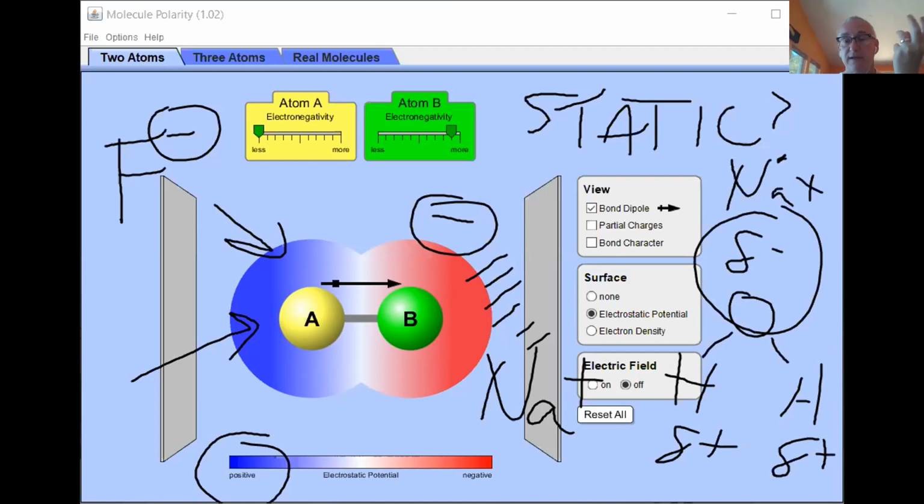When you drop table salt, sodium chloride, into water, this is what happens. That ionic bond breaks, and then sodium bonds with the partial negative side of oxygen because it's electrostatically negative. And the chloride ion interacts with the electrostatically positive side of the water, which is the hydrogen side.